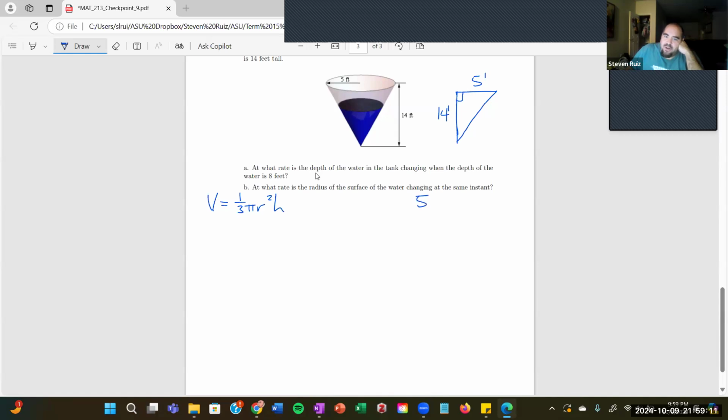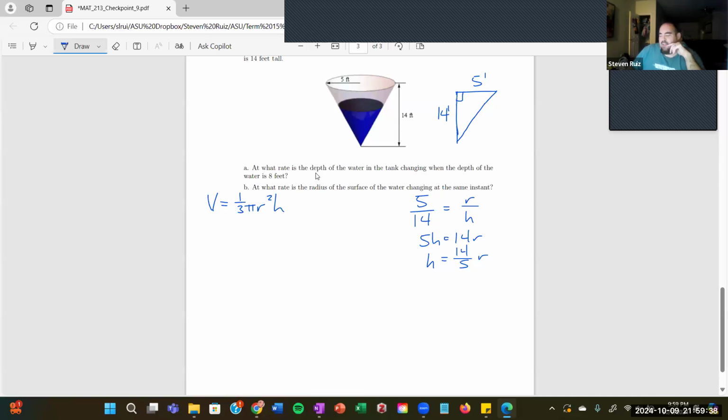So the ratio of the radius to the height of the overall cone will be equal to the radius and the height of the water. So I can say this. I already did this, but I'll do it again. 5H equals 14R. I'm going to solve for height. Could really solve for either one, but I know the height will always be equal to 14/5 of whatever the radius is.